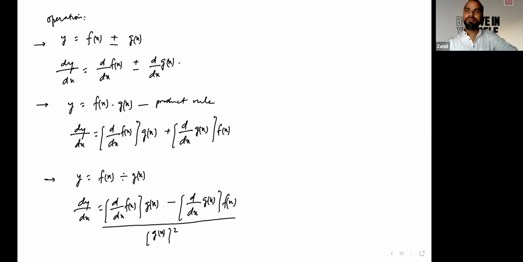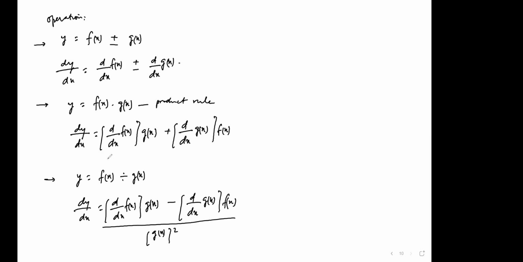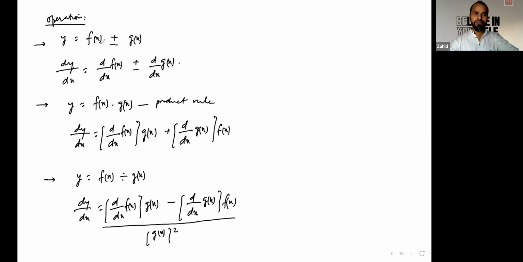Any doubt till now? No, sir. So we have three different formulas related to the operations. For sum or difference, just differentiate each part individually. There is no impact of one on the other.